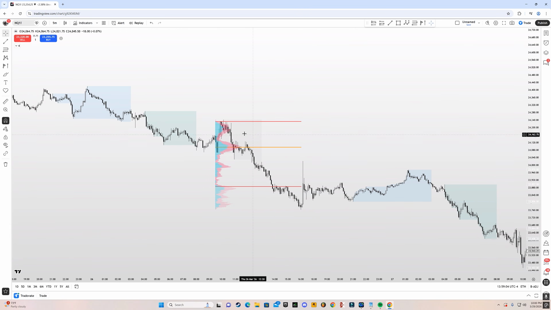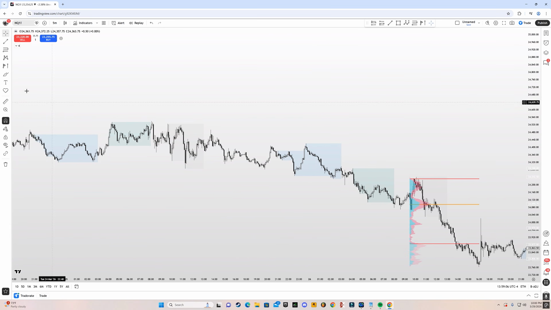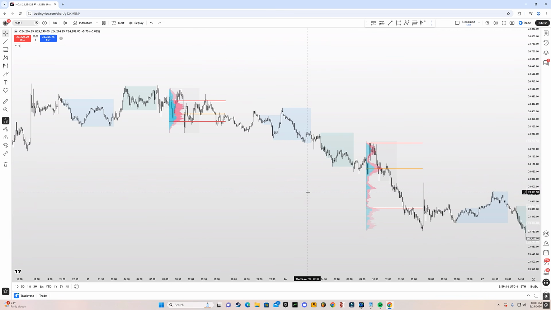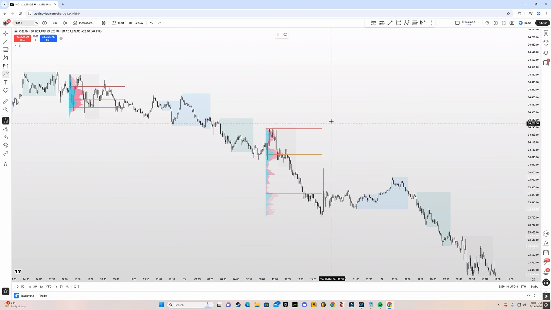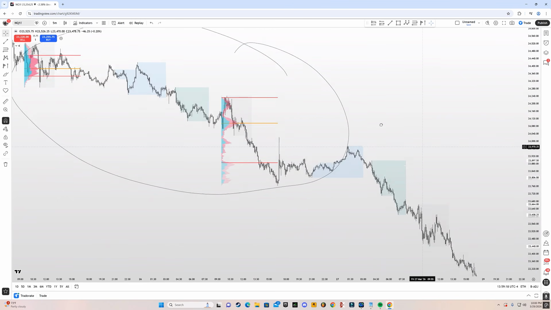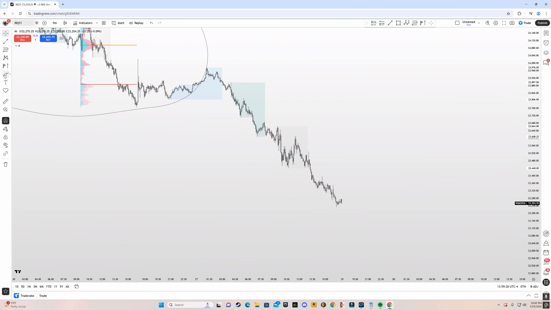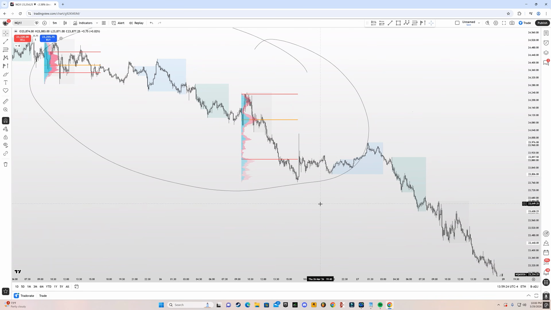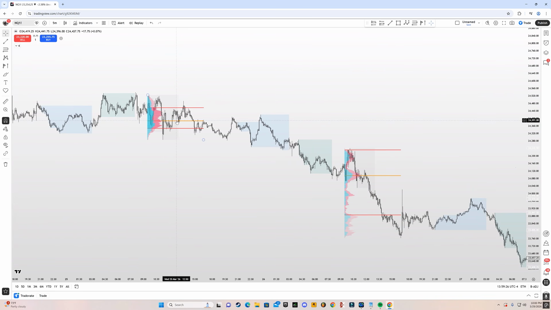So that is the first day, and then we can also use the volume profile from 9:30 till 16 here. So what happened here that gave us the bias for this day, which was bearish? Let me tell you. Look at the point of control, the value area high level, and the value area low level.